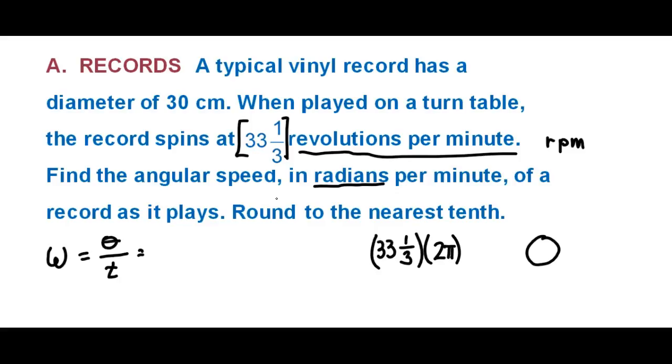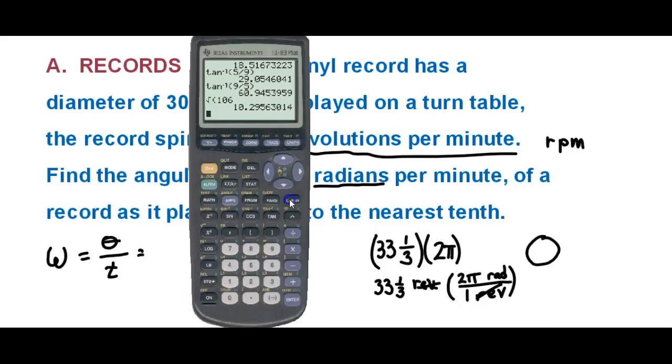So as far as units go, we can say 33 and a third revolutions times 2 pi radians in one revolution, to hopefully make a little more sense why we're multiplying it by 2 pi. So looking at our calculator, 33 and a third in decimal form will of course be 33.33.